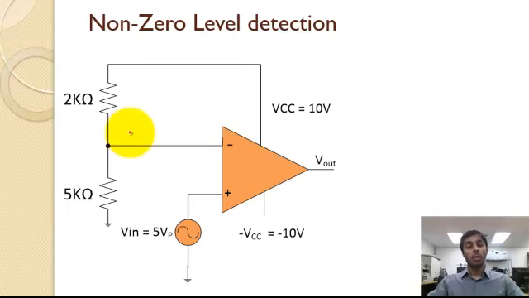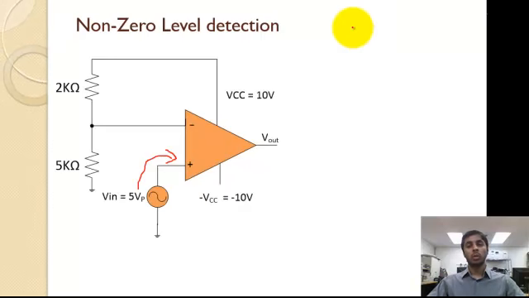Let us consider an example on how to solve these types of problems in order to draw a signal. Let's look at here. The input signal is applied to a non-inverting terminal, so V positive is the input signal. Keep in mind that if it is a sine wave, it is going to vary from 0 to its maximum peak, to 0, then to the negative peak and back to 0.